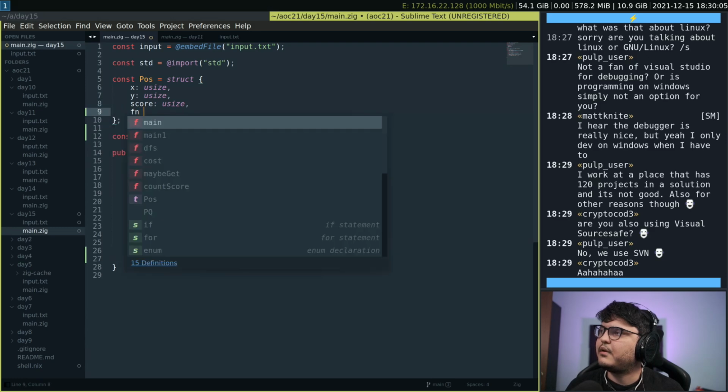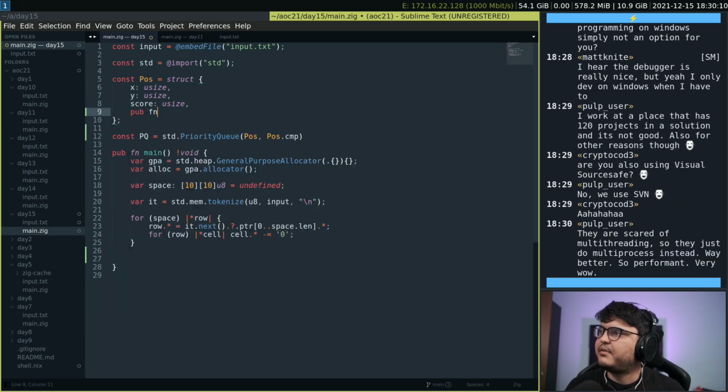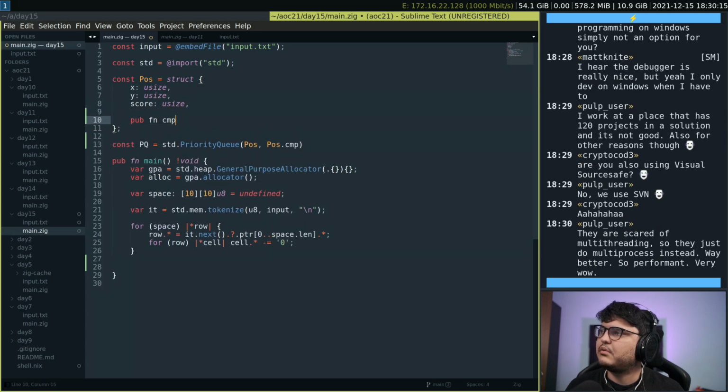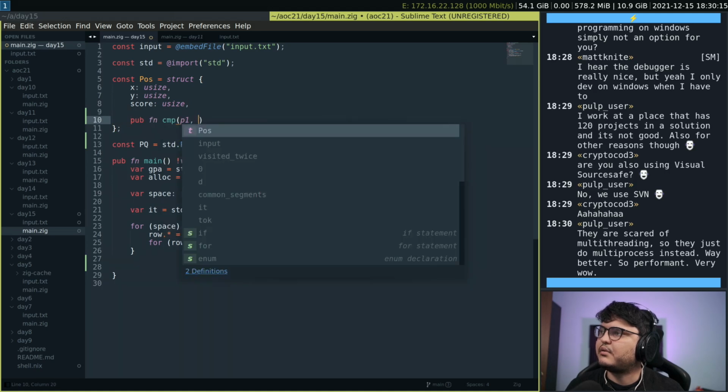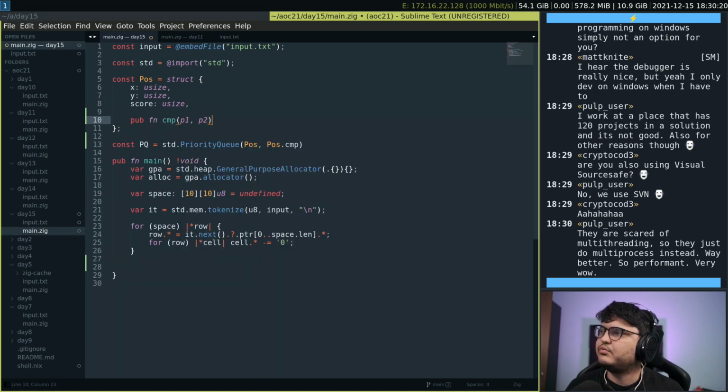So pub fn cmp. It's going to take p1, p2, and return std.math.Order, I think lowercase m.